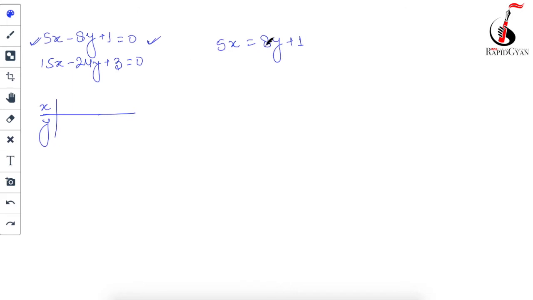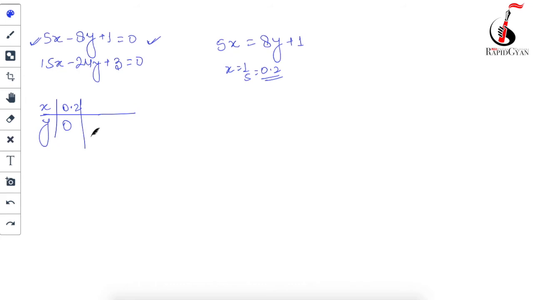So I will just put any value of y. First I'll put y equal to 0, so x will be 1 upon 5, which is going to give me 0.2, correct? So I will write over here 0.2, 0. Correct? Now I will have to find another value.